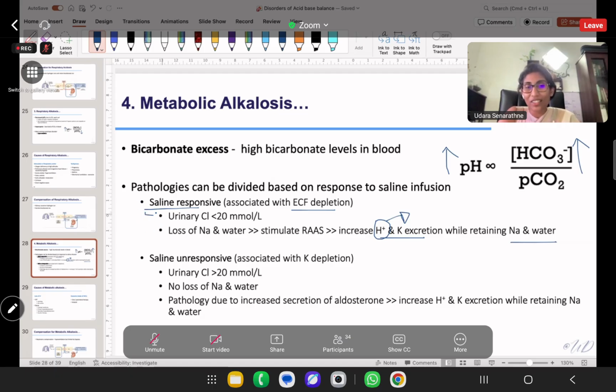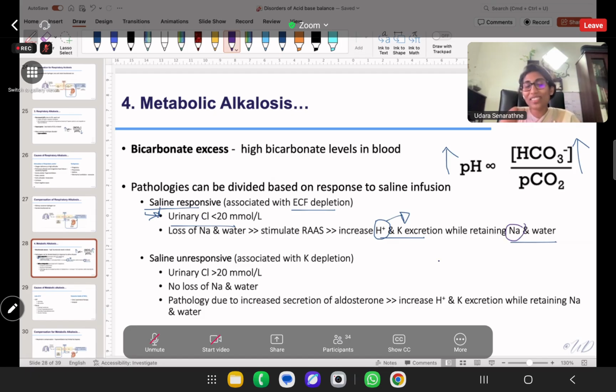In this case, your urinary chloride would be less than 20. Why is urine chloride low? That is because you're keeping sodium in this situation, and sodium is kept along with chloride. You can't keep sodium alone.